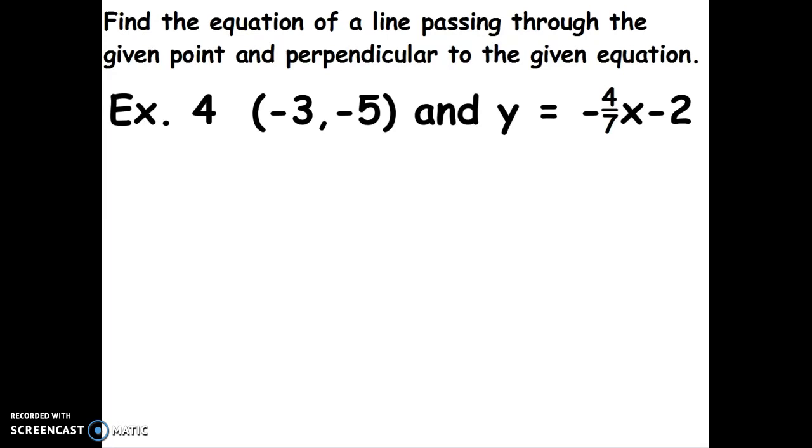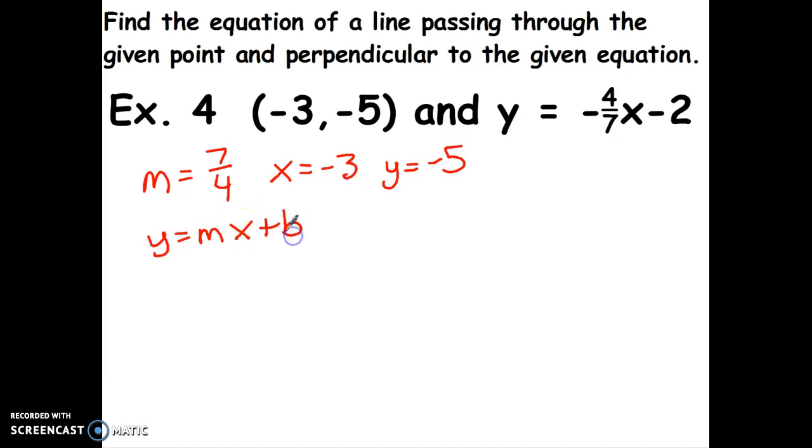Okay, so now that everyone has worked through it, our new slope is +7 over 4. Our x is -3. Our y is -5. So our y, -5, equals 7 over 4 times -3.